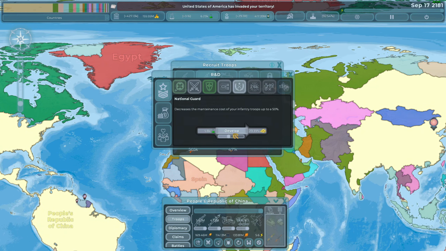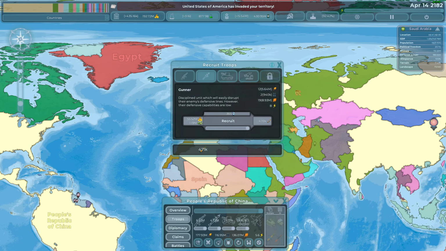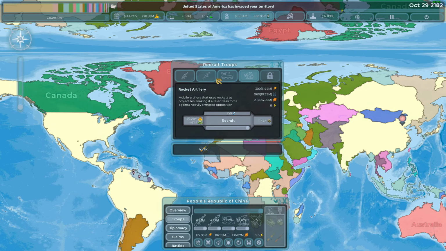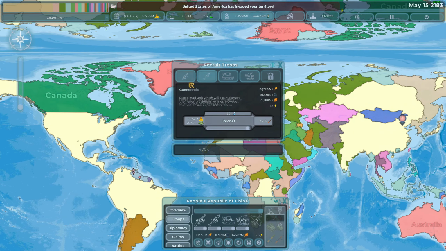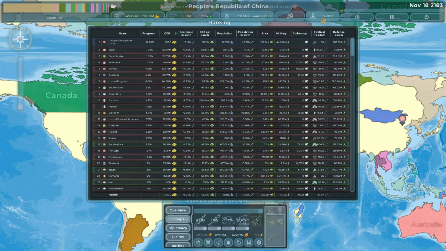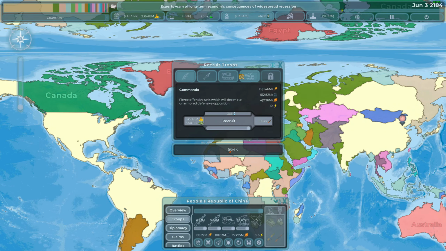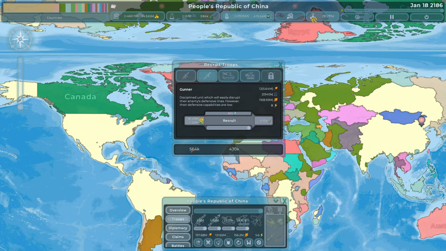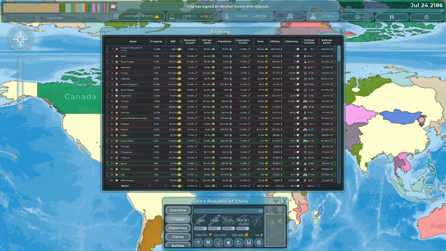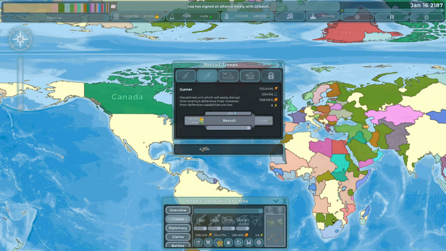Alright, we're gonna throw up maintenance because we have heavy infantry, which means it's going to respond to that. It's small enough that I don't really want to worry about it. Alright, our military size is large enough. We should just eliminate Spain.